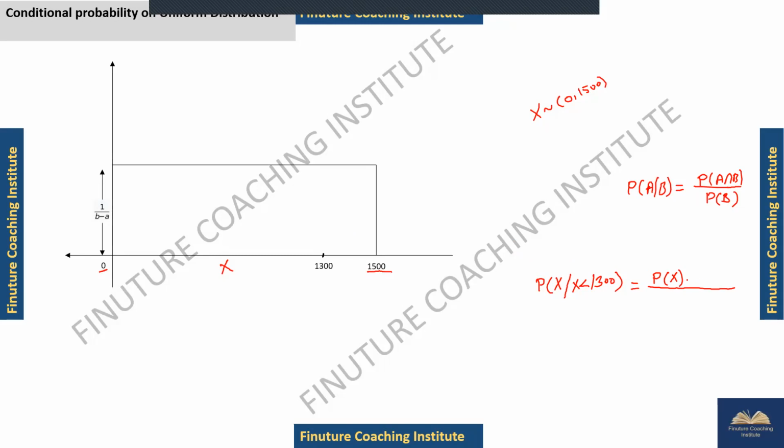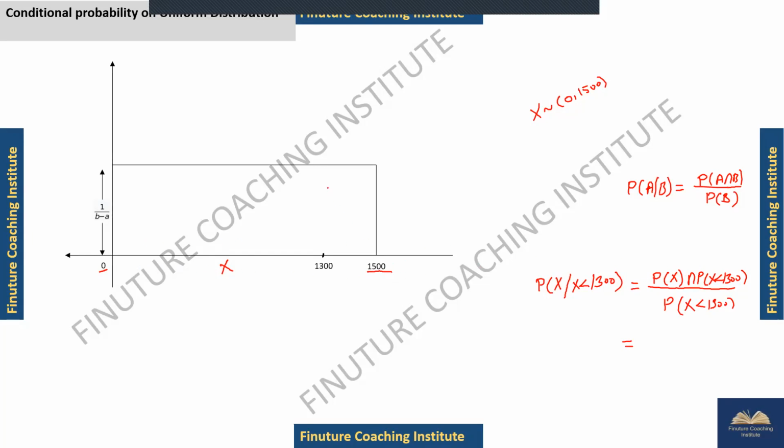So it is the probability of X and X less than 1300, over the probability of X less than 1300. This is something which we have to find. Now let me draw the common area between the complete set of values that X can take and the condition.